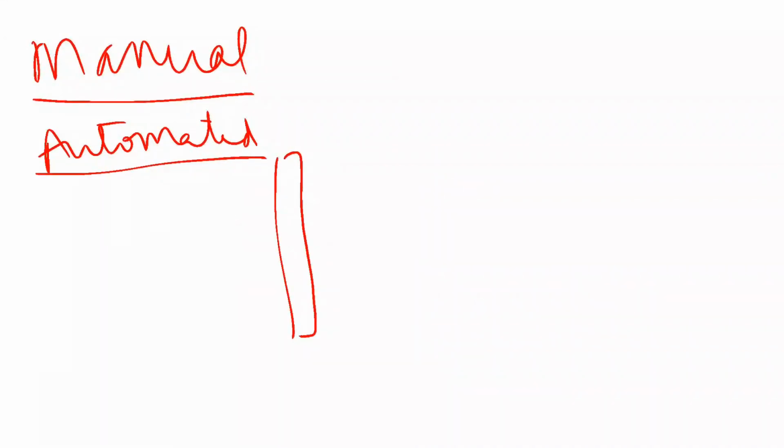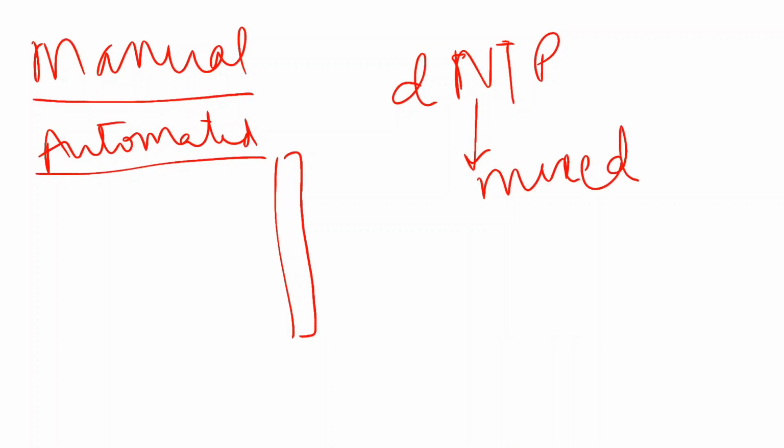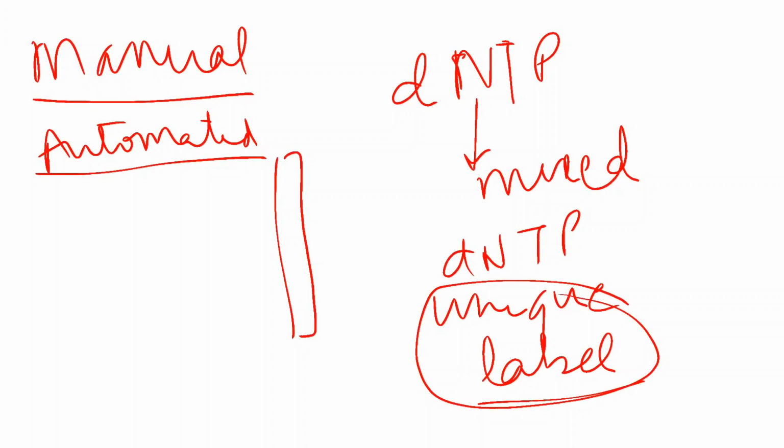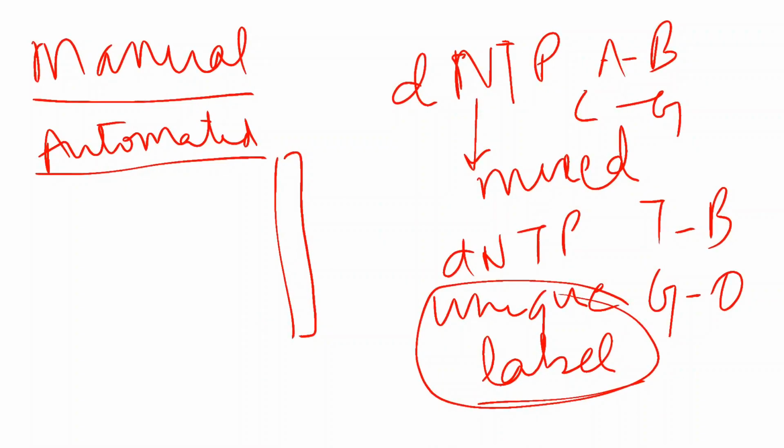All the ddNTPs are mixed in a single reaction, and each ddNTP has a unique fluorescence label, a different color, like A with blue, C with green, T with black or red, and G with orange. So it will show different colors of bands.